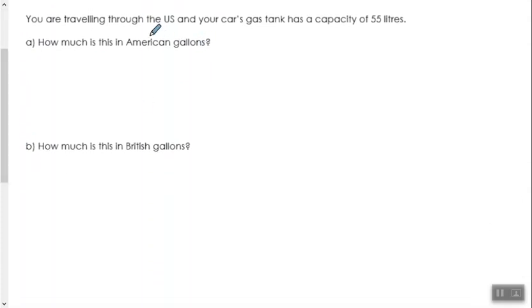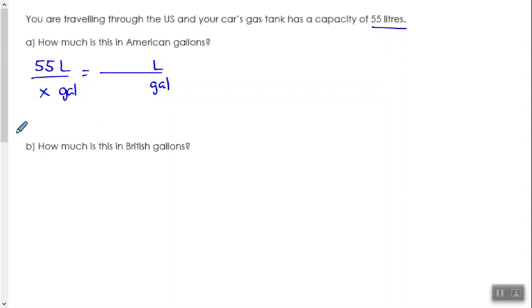So we're traveling through the US, and our car's gas tank has a capacity of 55 liters because we are in Canada. That's how we measure our gas tanks. So how much is this in American gallons? So I have 55 liters, and I want to know what is that in gallons. So I need a liter and gallon conversion.